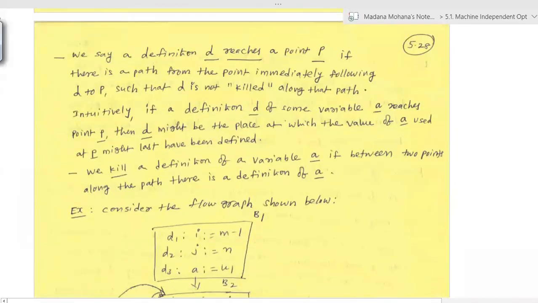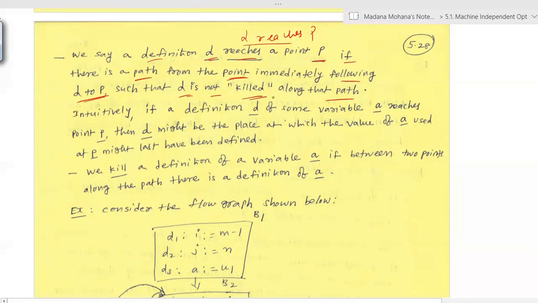Now we say a definition D reaches a point P if there is a path from the point immediately following D to P, such that D is not killed along that path. That means D's definition is not changed in that path.